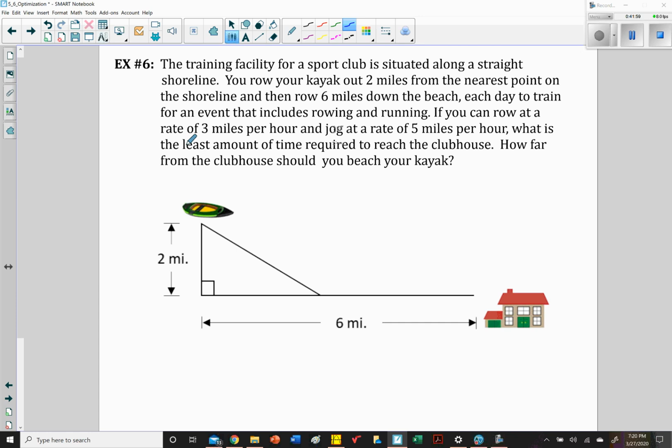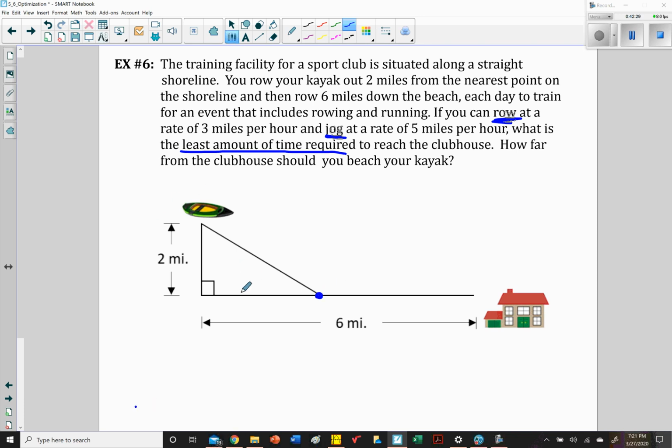If you can row at a rate of 3 miles per hour and run or jog at a rate of 5 miles per hour, we want the least or minimum amount of time required to reach the clubhouse. So how far from the clubhouse should you beach your kayak? That's the question. Where is that?